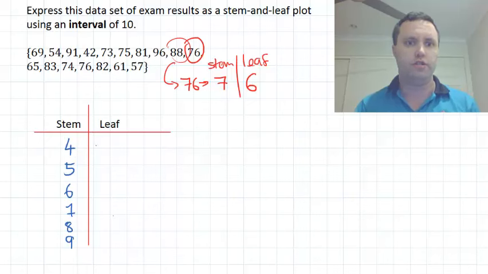So we've got 42. We just go to our 50s. We've got 54 and 57.